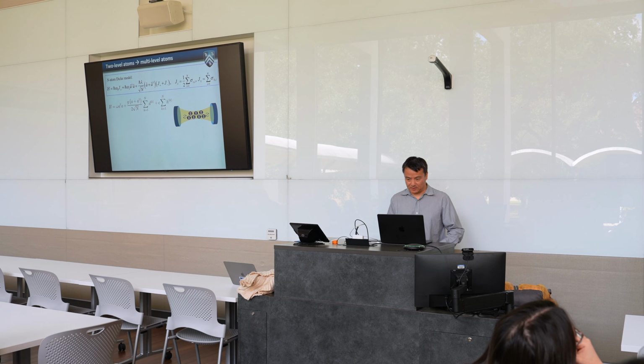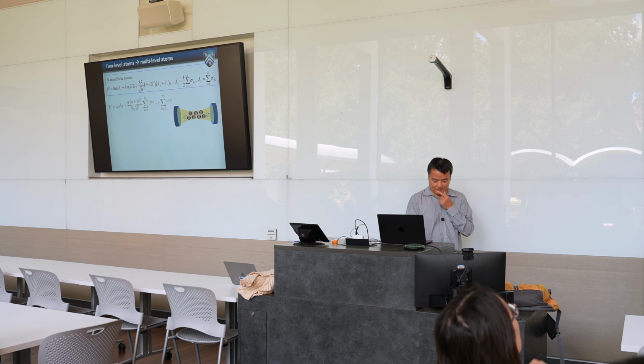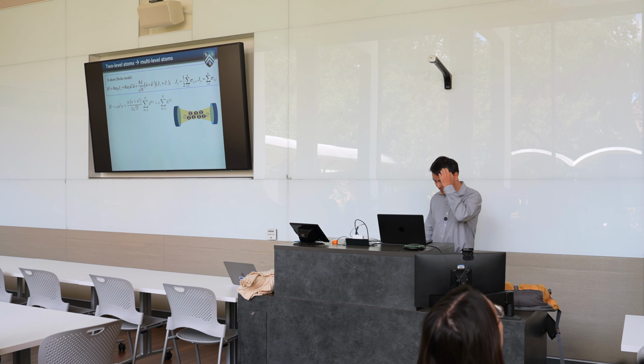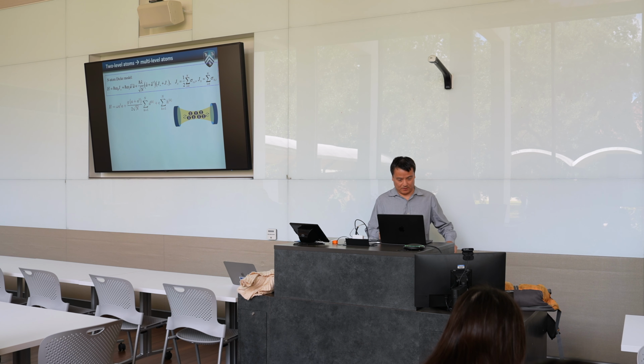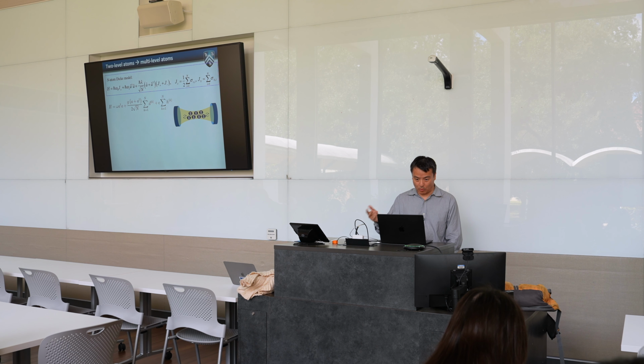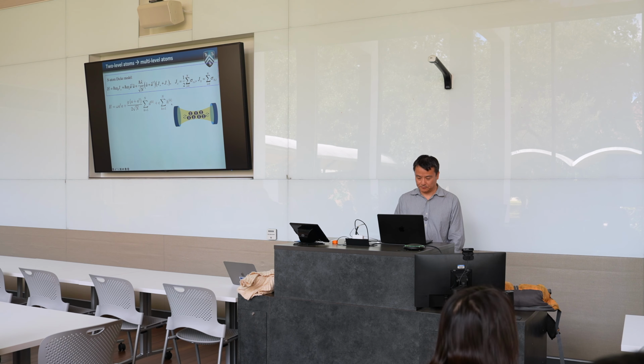And another generalization you can do is, in the Dicke or Rabi model, we consider 2-level atoms. But of course, for real atoms, you can have many atomic levels. So why not exploit more atomic levels? And we can generalize this Dicke model to consider a general atomic system with L levels.